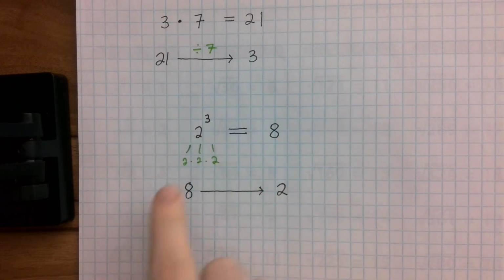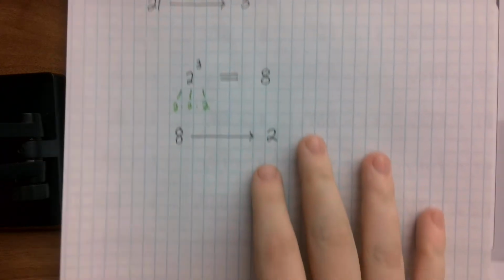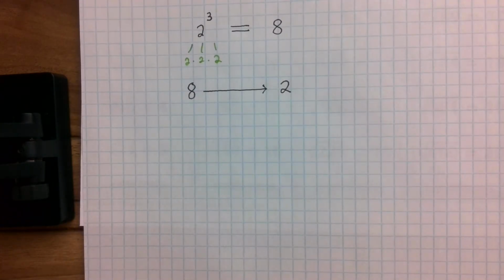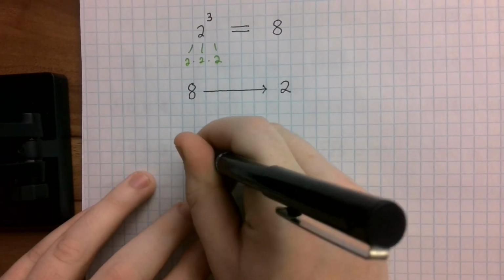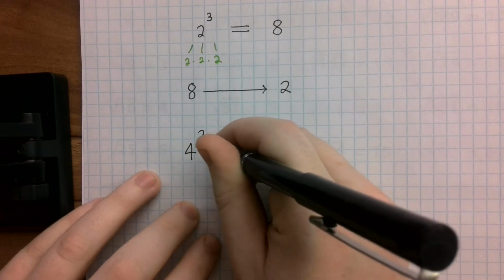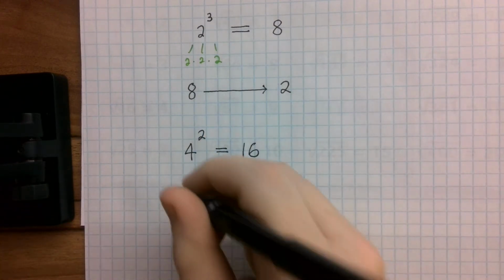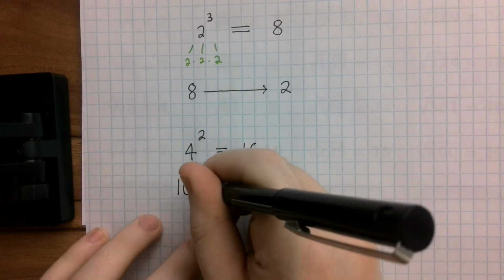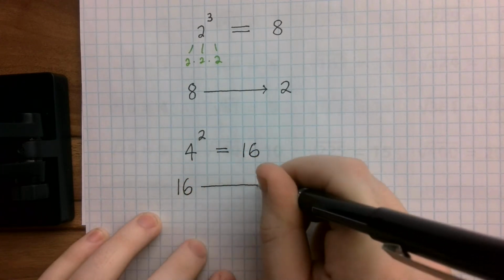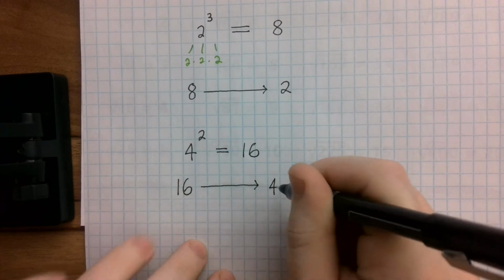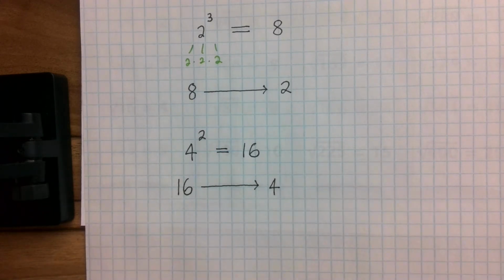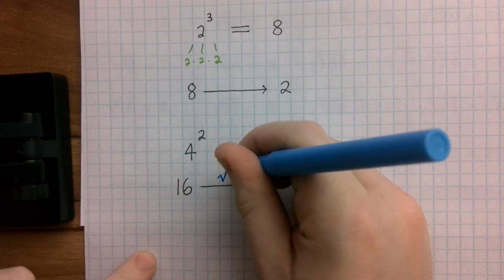Before we talk about this complicated answer, because this is a cubed answer, let's talk about one that's even simpler down below. 4 squared. 4 squared, we know, is 16. If we wanted to get from 16 back to 4, an operation we might be used to doing is known as the square root.